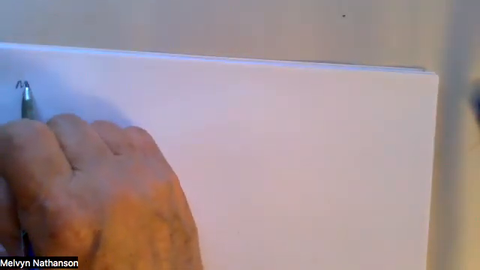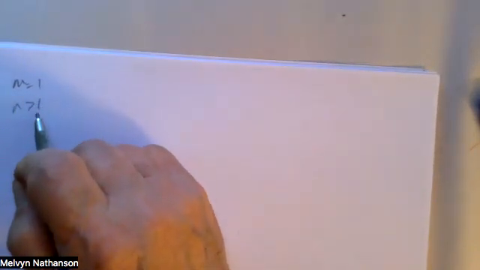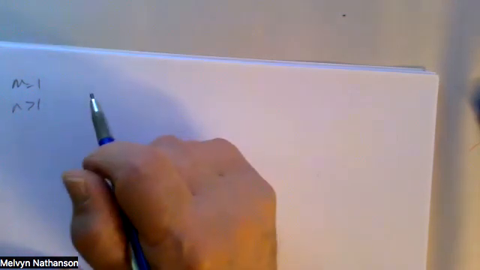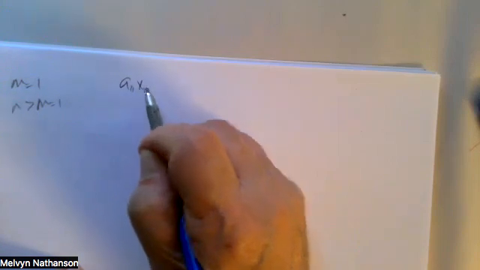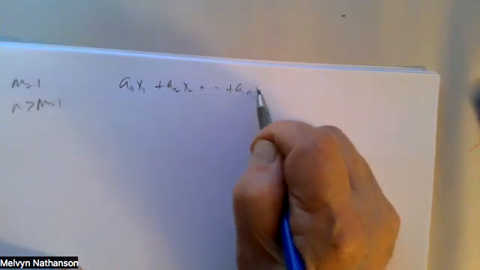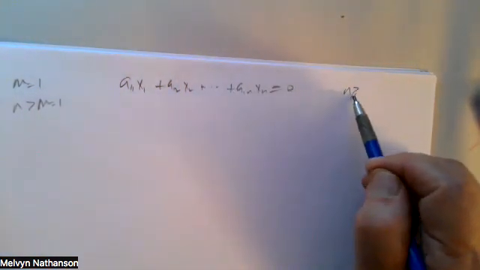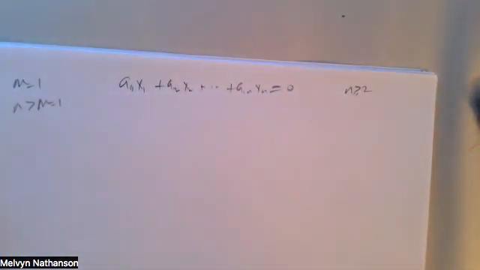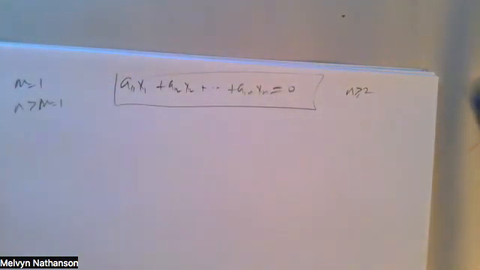So first we have to prove the proposition for m equal 1. So m equal 1 and n bigger than 1, right? Because m is less than n. It means we have an equation a11x1 plus a12x2 plus up to a1nxn equals 0. This is an equation in at least, n is bigger than 1, it means n is at least 2, at least 2 variables. And I claim that this one equation has a non-zero solution.